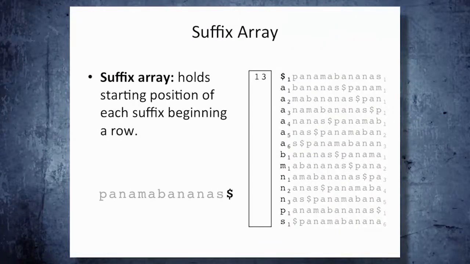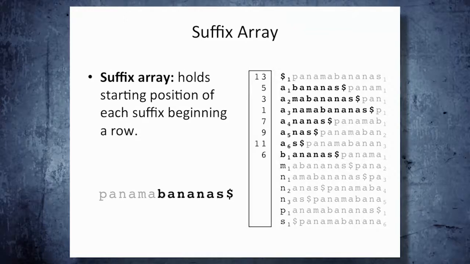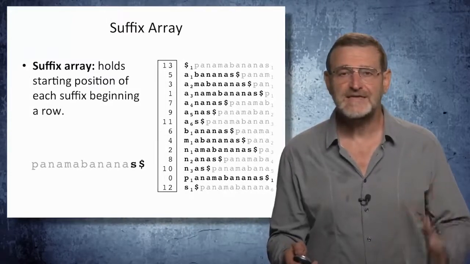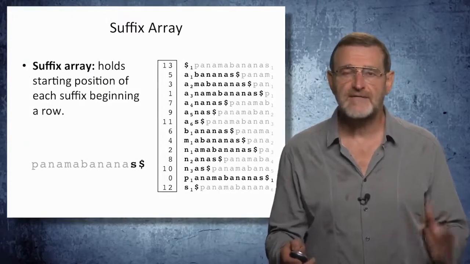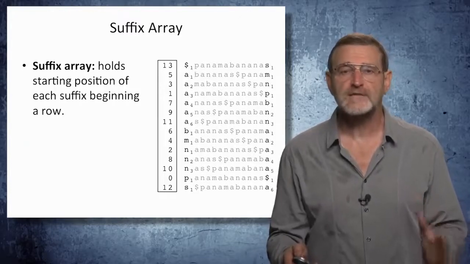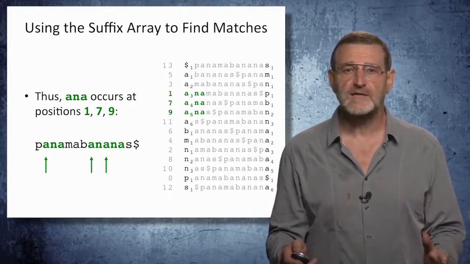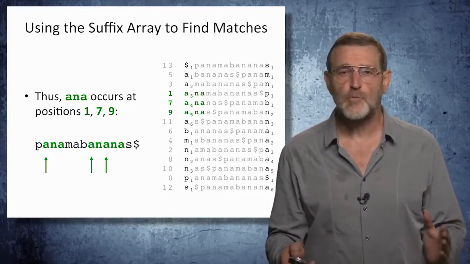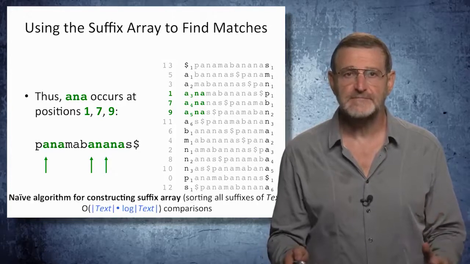For example, the first suffix starts at position 13, the second suffix starts at position 5, the next suffix starts at position 3, and we can fill up the end of the suffix array. Here it is. So when the suffix array is constructed, we can very quickly answer the question of where the occurrences of the pattern are. In the case of Anna, our pattern appears at positions 1, 7, and 9.